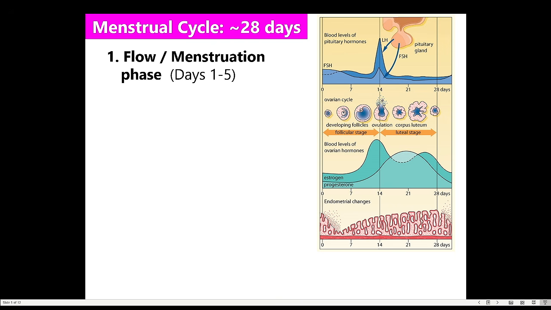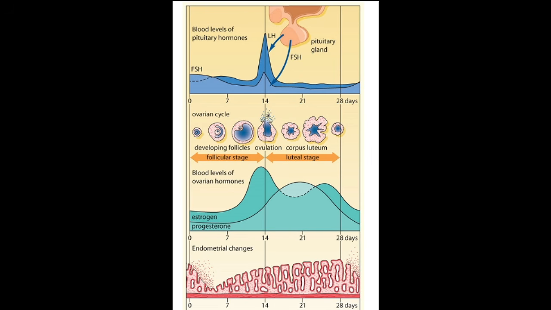On the right part of your screen, you can see a lot of images here, pero I will be explaining what happens in each part of the image. Kasi in the first part, this shows a graph of the two hormones, LH and FSH, that we have discussed last week.